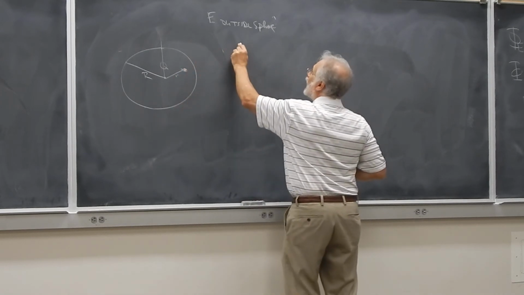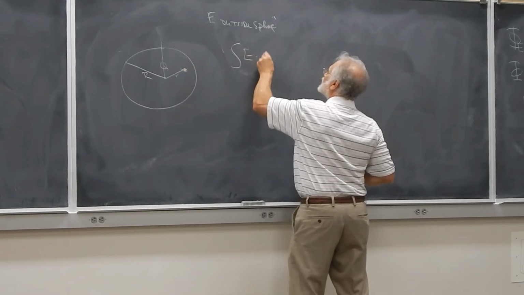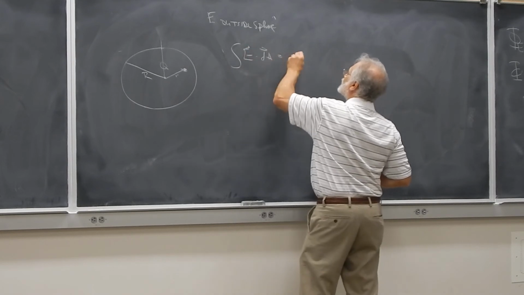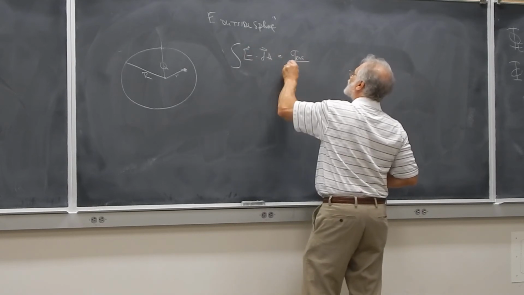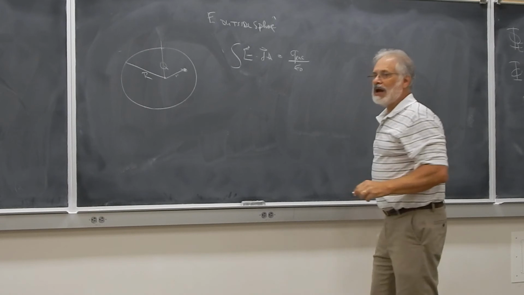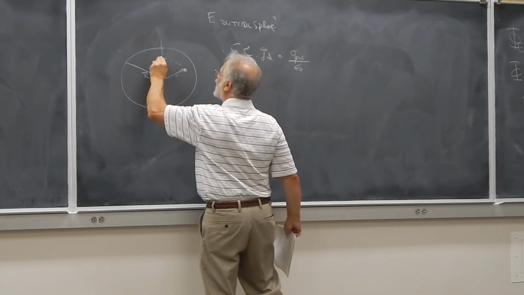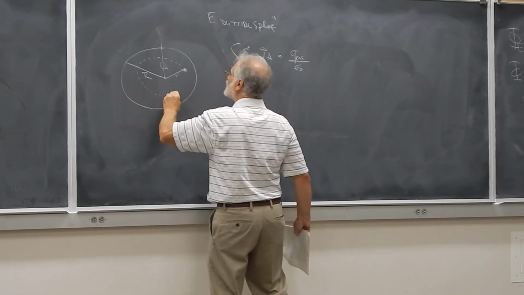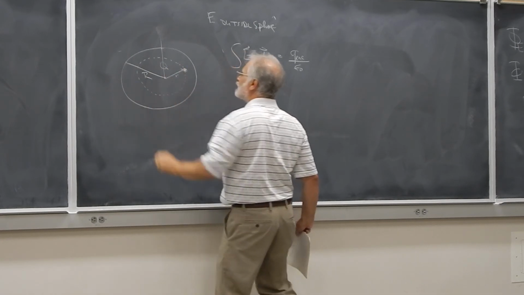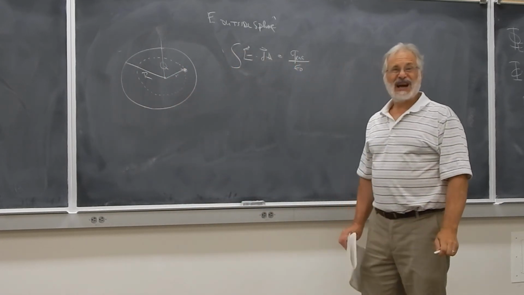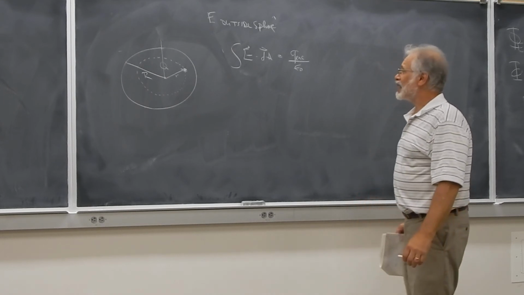Gauss's law still applies, so the integral of E dot dA is still the charge that's enclosed divided by epsilon naught. But in this case, I'm not enclosing all of the charge when I draw my Gaussian sphere. I'm only enclosing some of it. The question is, how much charge am I enclosing?